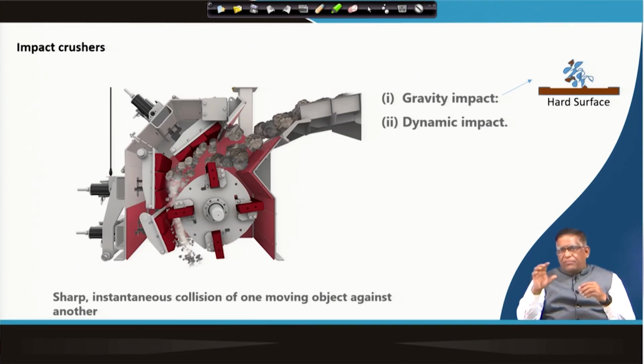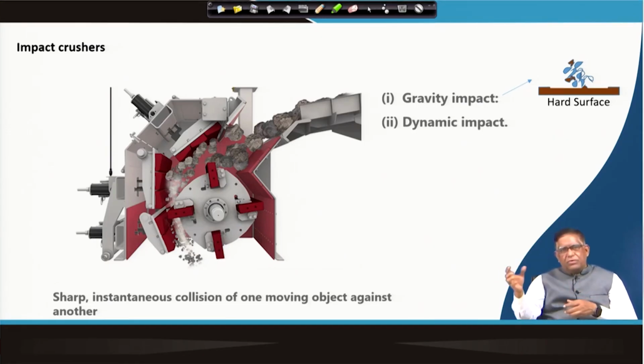Sometimes you can take 2-3 different rocks and find out which one is easily crushable just by making them fall under gravity and they will break, or where we will have to use a hammer, and with the hammer also, how much energy will have to be given, what should be the size of the hammer to give a rock.